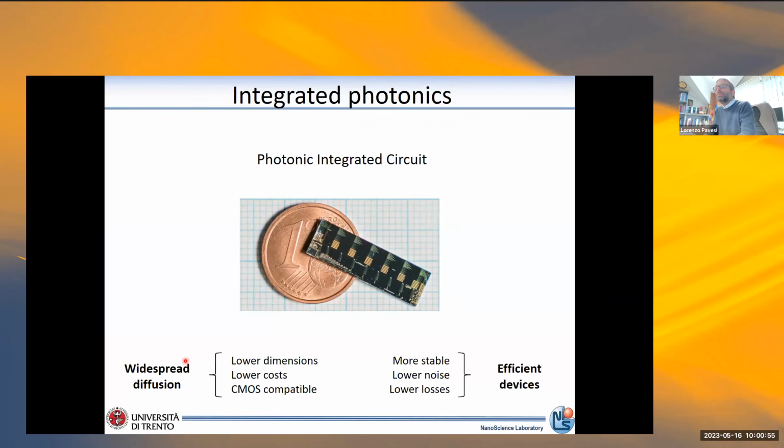On the other hand, the photonic integrated circuit gives us smaller dimensions, lower cost, and especially the possibility to integrate on the very same chip both electronics, meaning computing, as well as optics, meaning communication. In this way, we can promote a widespread diffusion of the integrated photonic circuit.